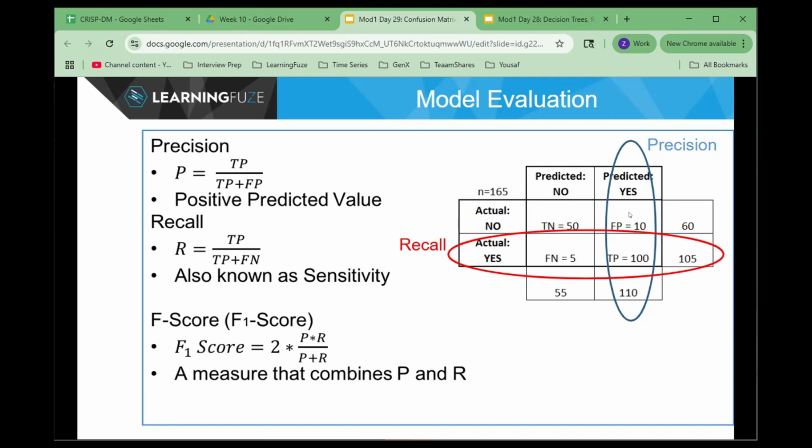So they want 100% recall. They do not care as much about precision. And generally, there is a little bit of a tension between precision and recall. As soon as you try to increase your recall to 100%, your precision starts to slip. So generally, there is a tension between the two.